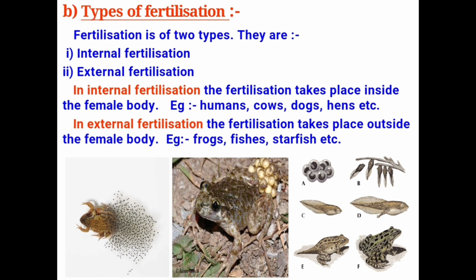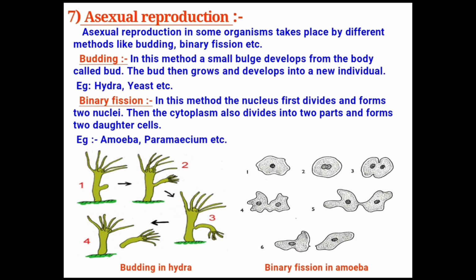Now we come to asexual reproduction. Asexual reproduction, as I said, is where a single parent is involved, right or not? There are various methods of asexual reproduction, and this is very important with respect to the exam. Budding and binary fission, two processes of asexual reproduction, are given here. One by one we will discuss.